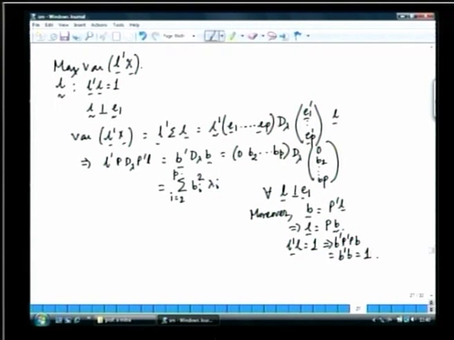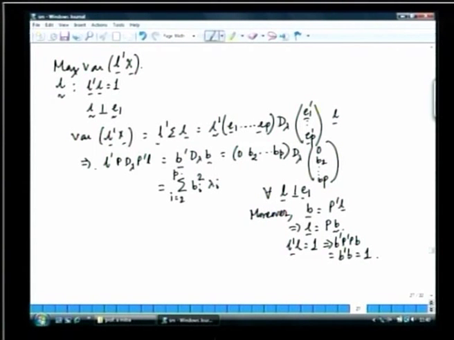So, the whole condition structure can be reduced to this fact that I have to maximize variance of L prime x subject to L orthogonal to E1 and L transpose L equal to 1. Okay. Now, with L orthogonal to E1, I just saw that this variance of L prime x is nothing but equal to summation b_i square lambda i.